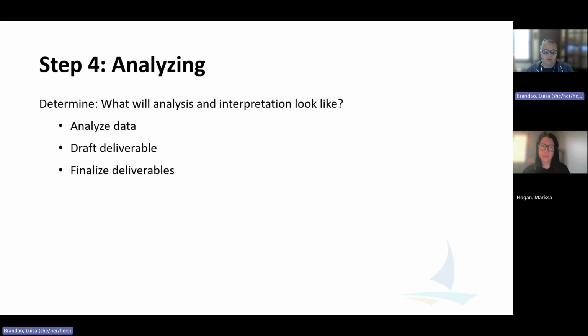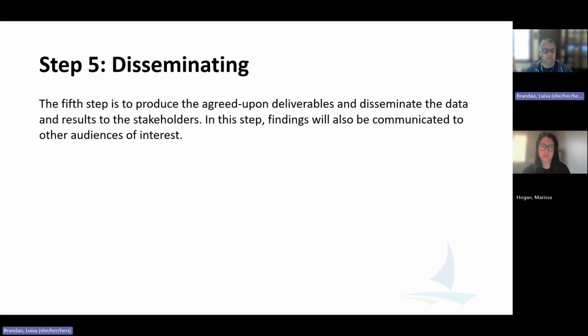As we said, you need to be thinking about disseminating ahead of time, because you need to be thinking about who are your audiences for that dissemination. And so your step 5 is to really put that information out to the different stakeholders. Maybe you're communicating to your funder, you're communicating to the community that the program is taking place in, you're communicating to the program participants because it's data about them.